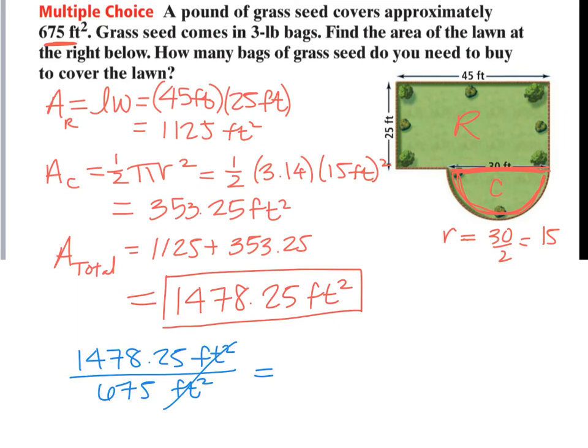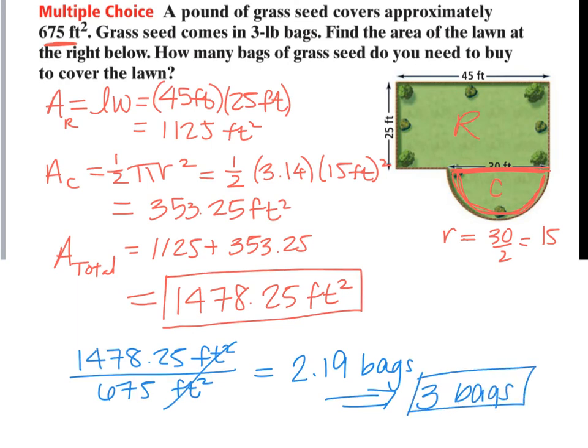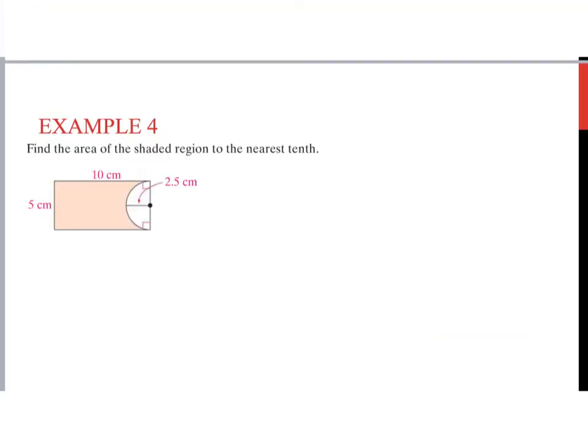So when I divide this out, I end up with 2.19 bags. Well, in real life, you can't buy a portion of a bag, so ultimately, I'm going to have to buy 3 bags of grass seed to cover everything that needs to be covered on this lawn.